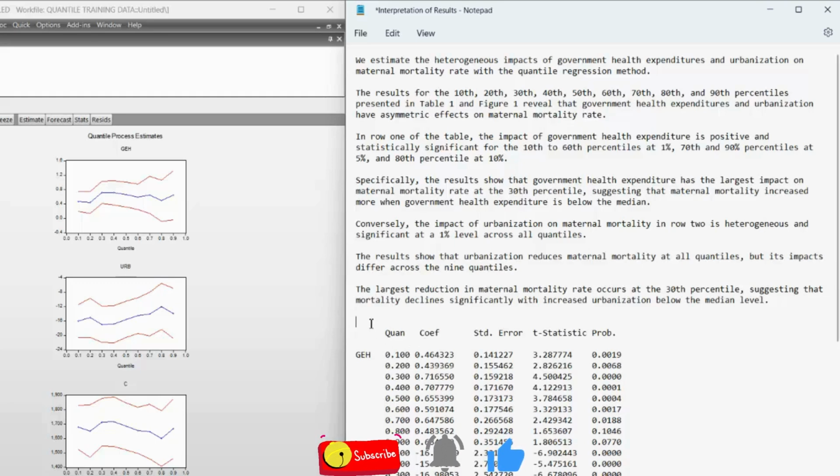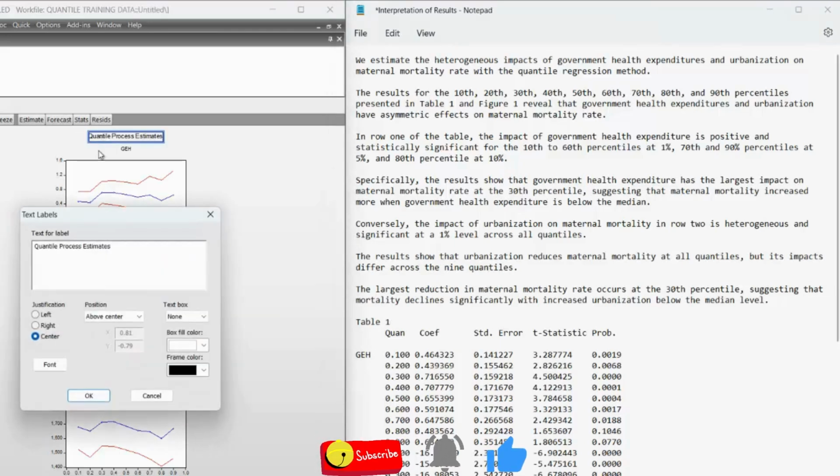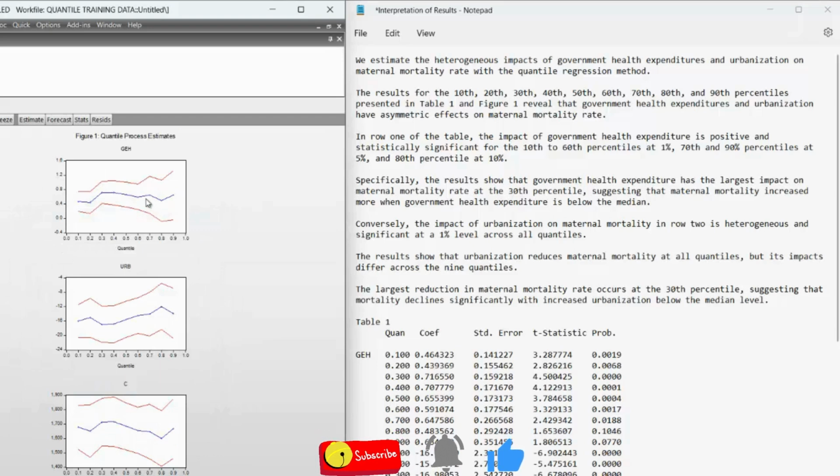So let us assume this is our table 1, and this is our figure 1. Don't forget, this particular result is the same as this.